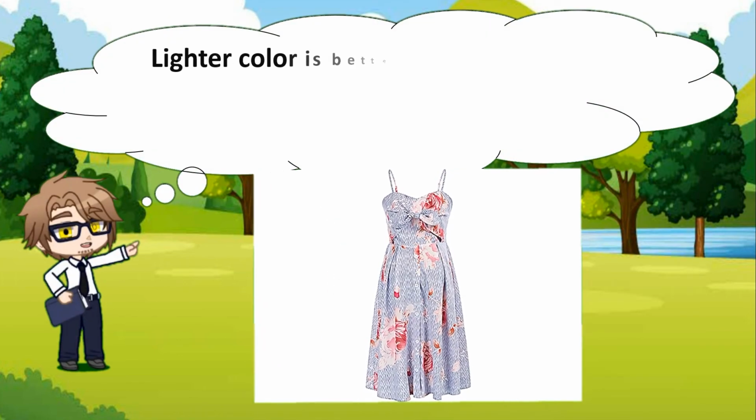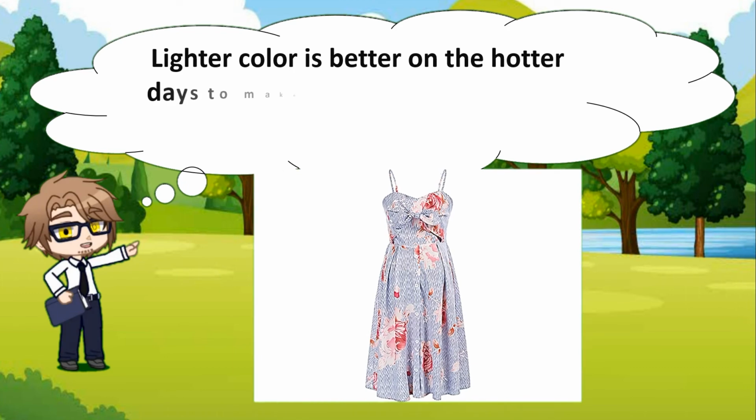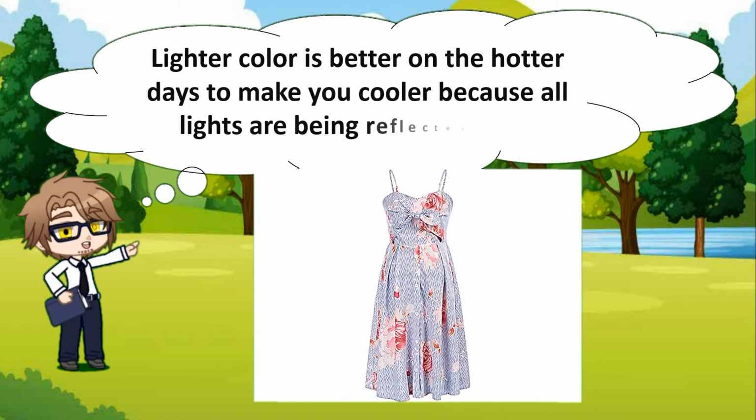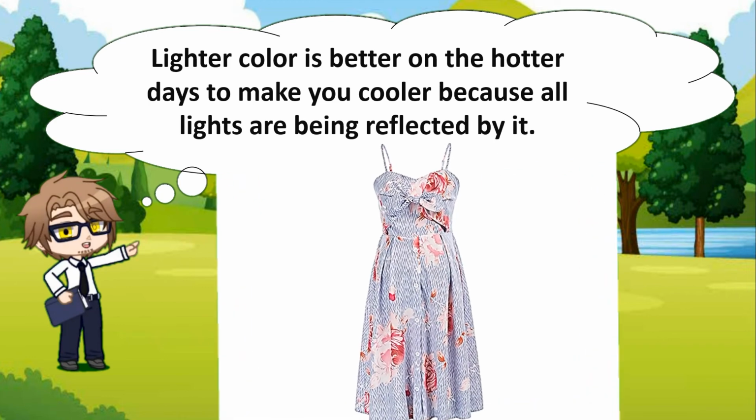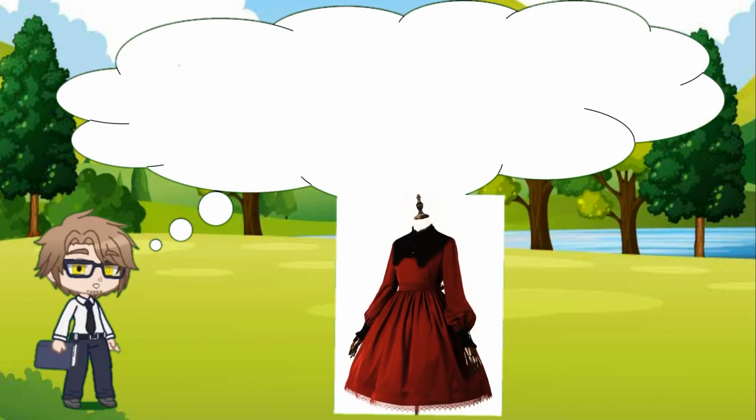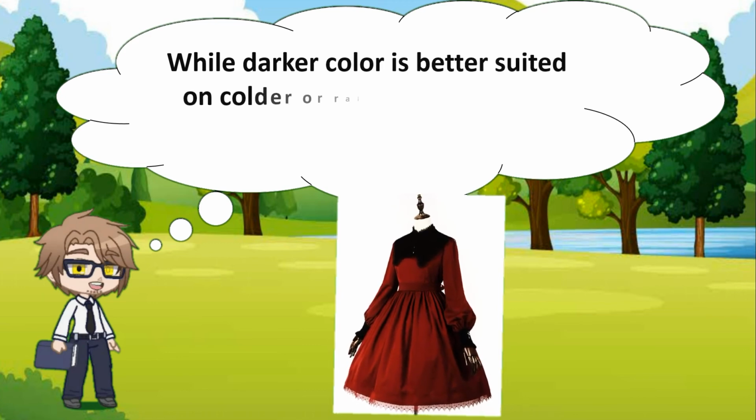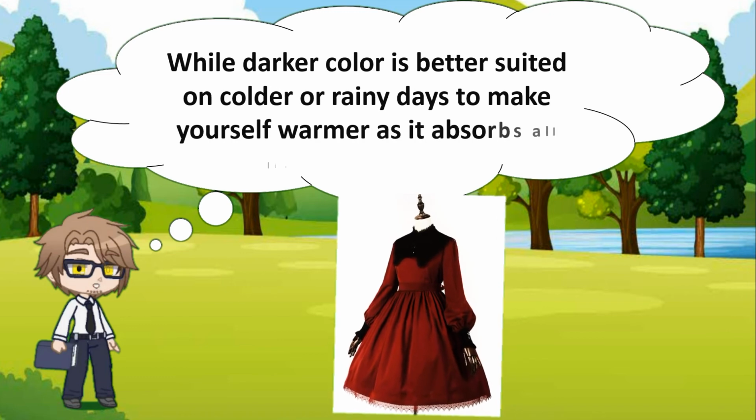Lighter color is better on hotter days to keep you cool because all light is being reflected by it. While darker color is better suited on colder or rainy days to make yourself warmer as it absorbs all light frequencies.